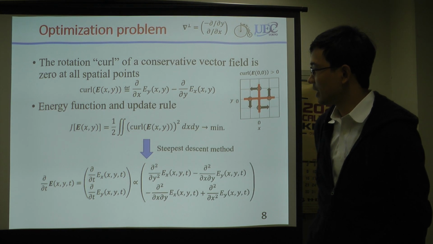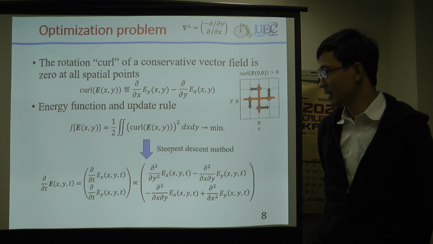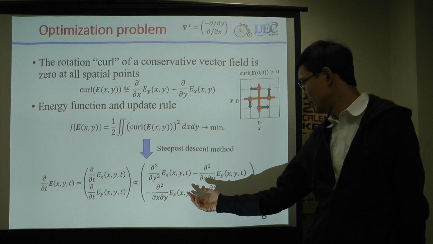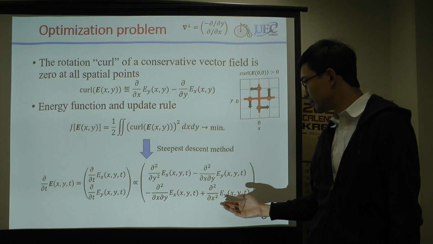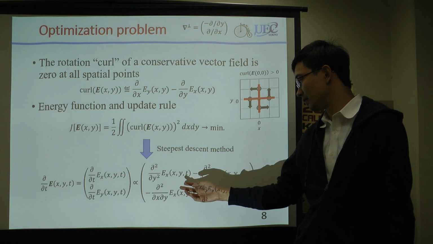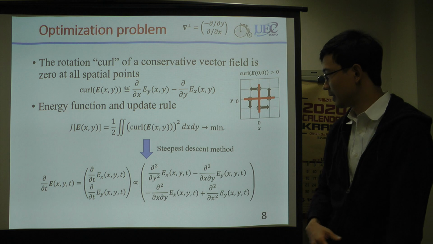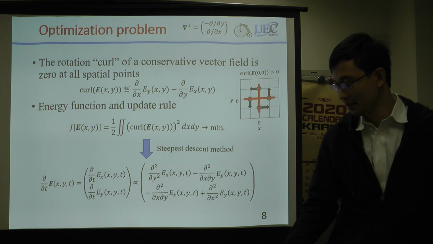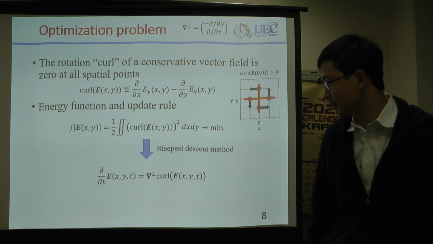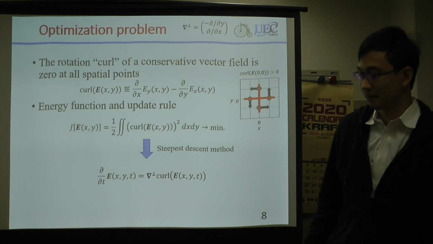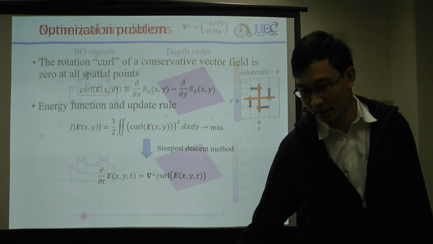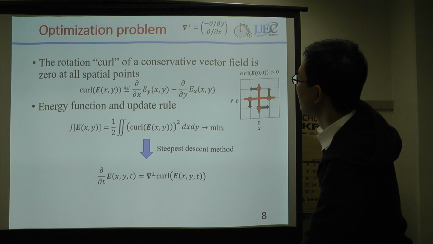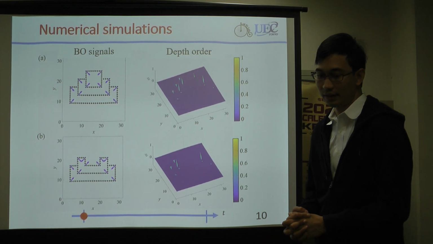Now, we derive the update rule using the steepest descent method, and the result is an update rule in terms of the x and y partial differentiation on the x and y components, which can be rewritten into this one line. Based on this, we then created a simple model.